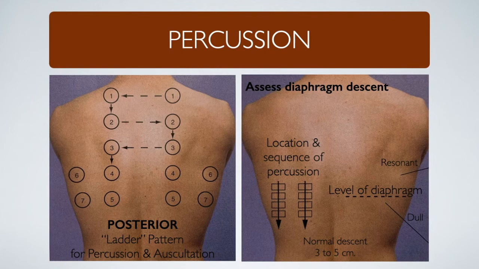Normally, with fully inflated lungs, the diaphragm can descend anywhere from 3 to 5 centimeters. But this degree of descent can vary, especially with highly trained athletic individuals who have diaphragms that move as much as 8 centimeters.